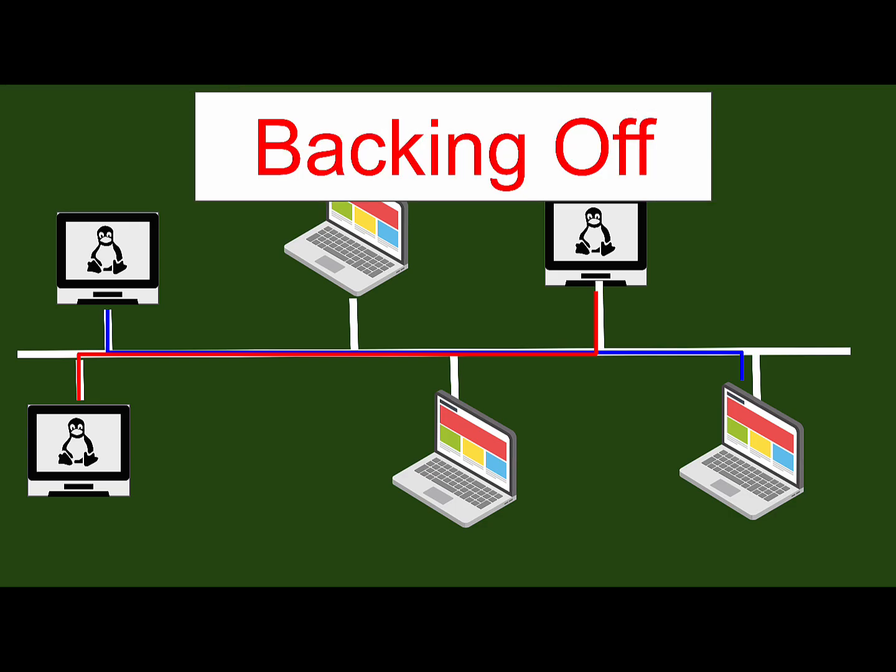Okay, and now what happens is, again, it waits. Once the jamming signal is done, it doesn't immediately send. It waits for a random amount of time, and that particular thing is called backing off.